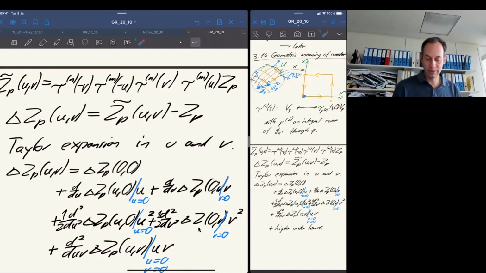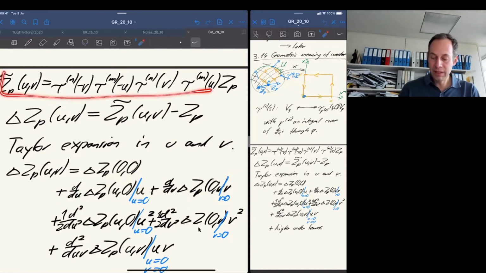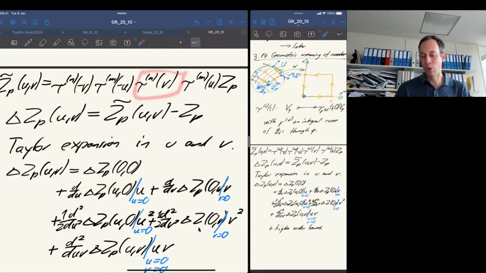I mean, because of course I can put the v equals 0 before I take the derivative with respect to u. Now look at this definition in the case where one of the arguments is 0. Let's, for example, make v equal to 0. So when v is equal to 0, this is just the identity map, and this is also the identity map. It just means I don't move.